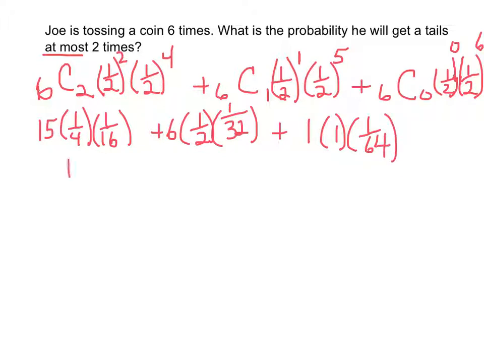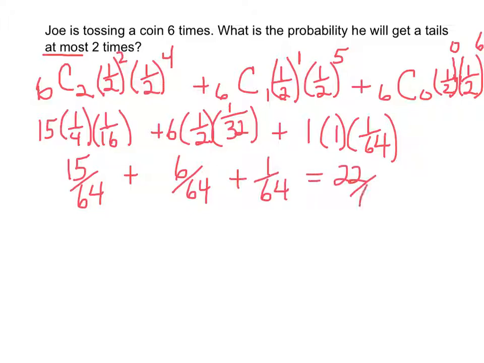Okay, so then we've got 15 over 64 plus 6 over 64 plus 1 over 64, which is 22 over 64. And there would be our answer. Again, no need for you to go any further with that and simplify that.